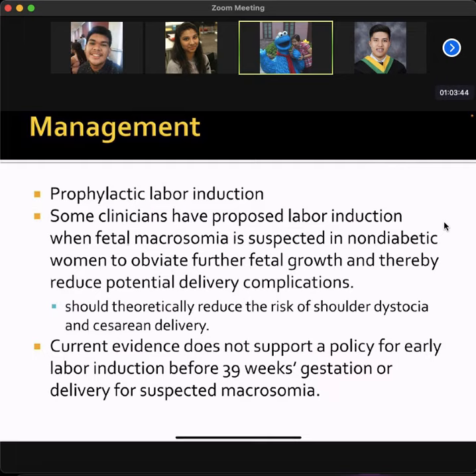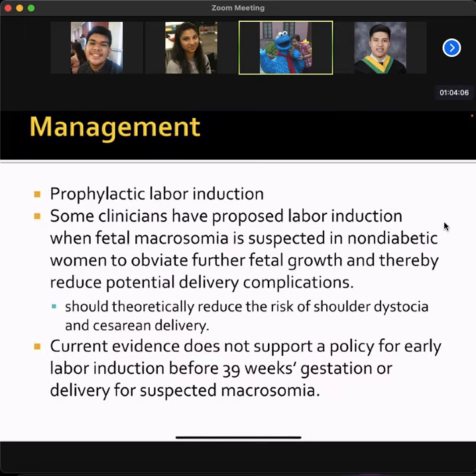So for fetal overgrowth, we can do prophylactic labor induction. Some clinicians have proposed labor induction when fetal macrosomia is suspected in non-diabetic women to obviate further fetal growth and thereby reduce potential delivery complications. Theoretically, it reduces the risk of shoulder dystocia and cesarean delivery.